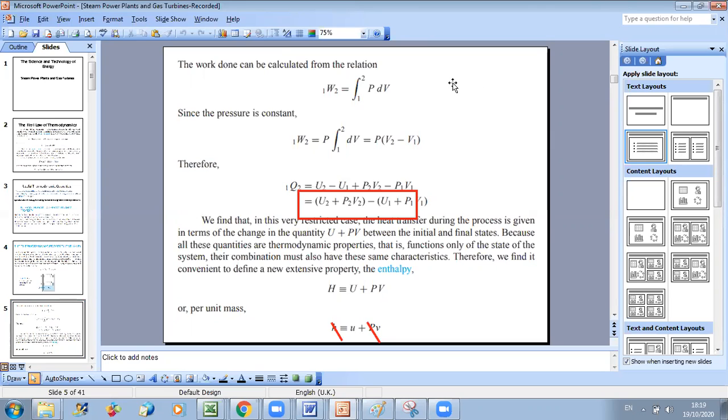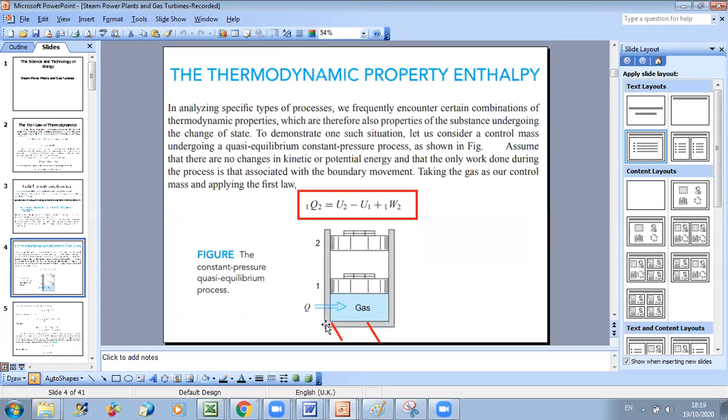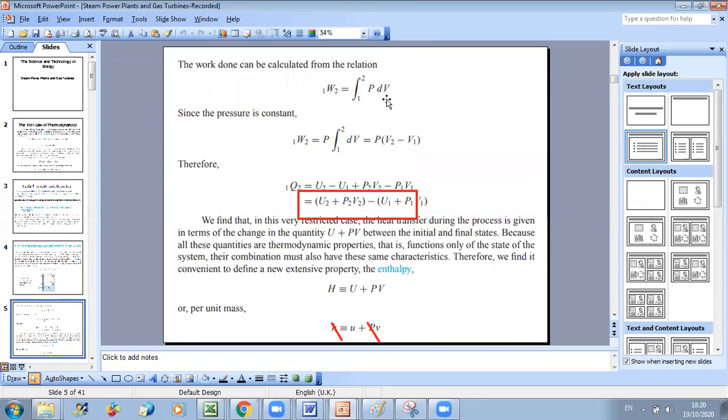Okay? Do you have a flow here? No, it's a closed system. When you have a closed system, then you will only consider the work done or performed by the system. There is no work of a flow. So the work formula in this case will be the integral of PdV between state 1 and state 2.